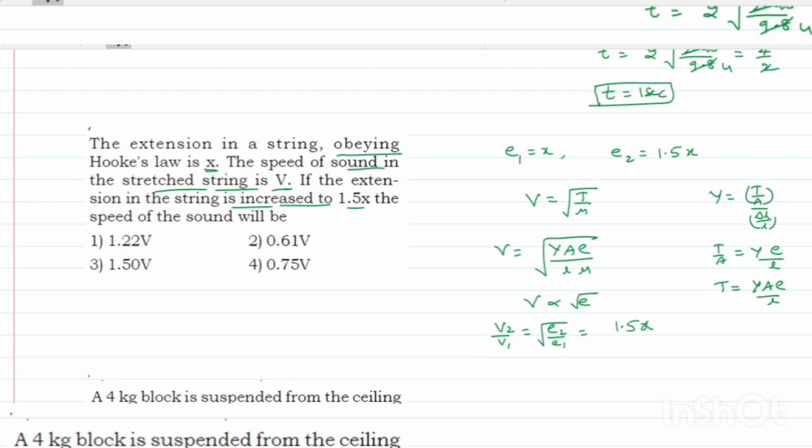E2 is given as 1.5x, the initial elongation is x, and x gets cancelled. So we get root over 1.5, which is nearly 1.22. Then V2 equals 1.22 times the initial velocity, and V is already given.